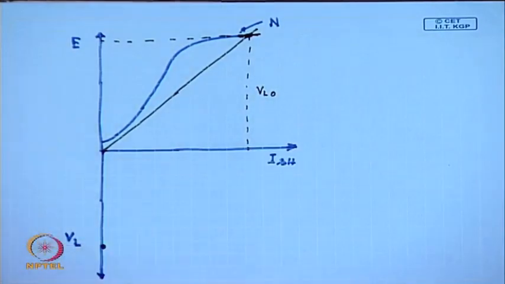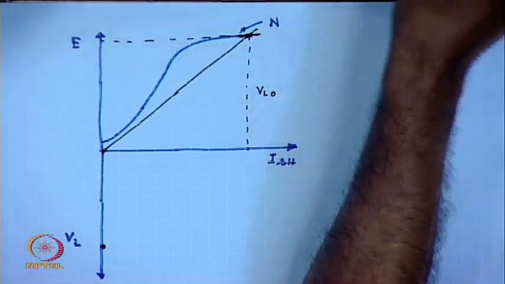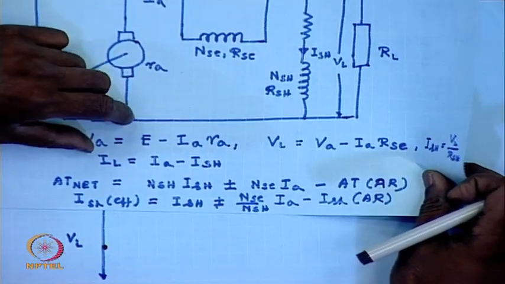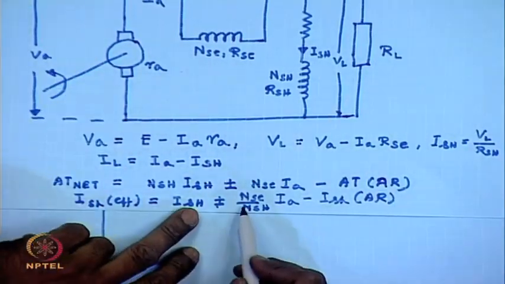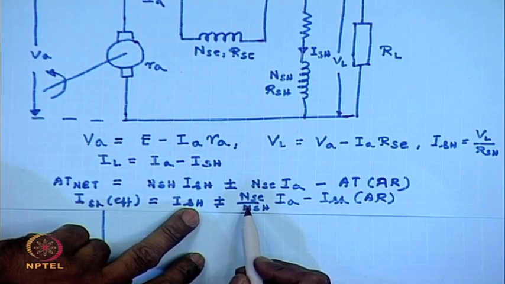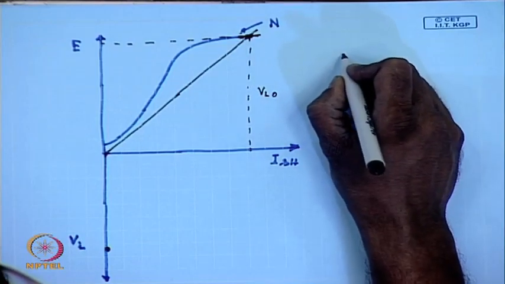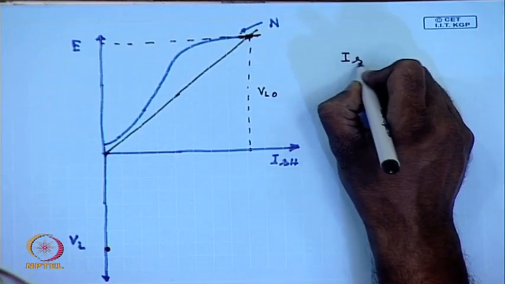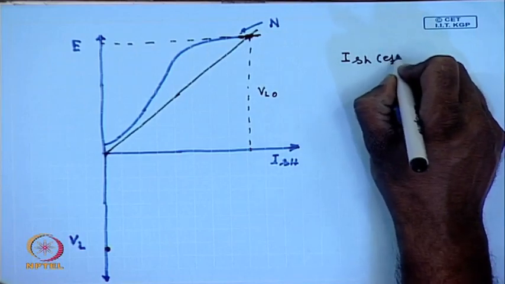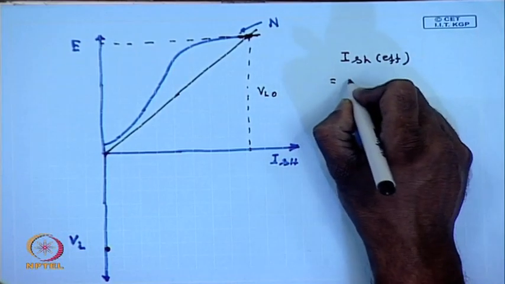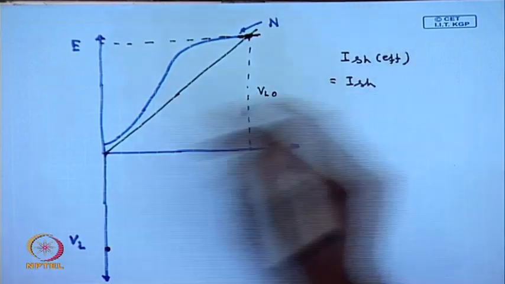First, for any armature current, let us find out the effective field current, which is given by ISH effective equal to actual ISH.